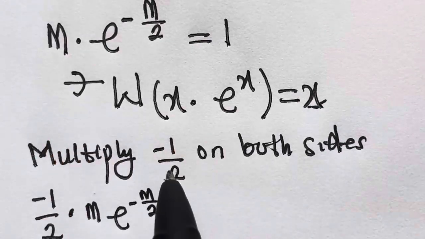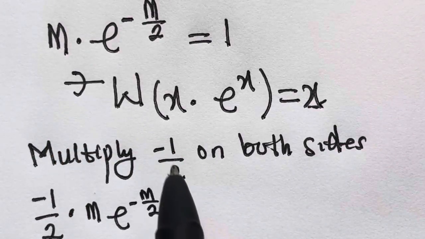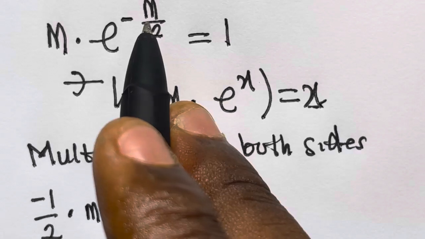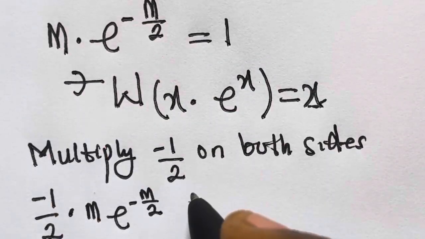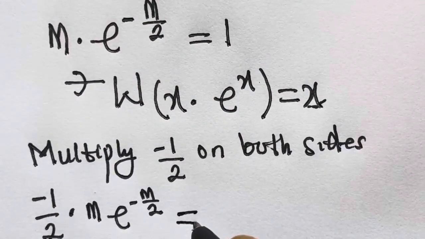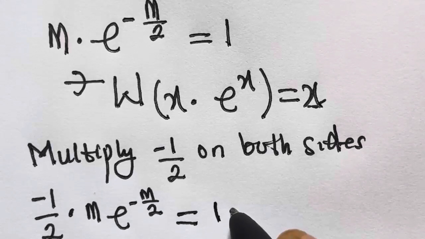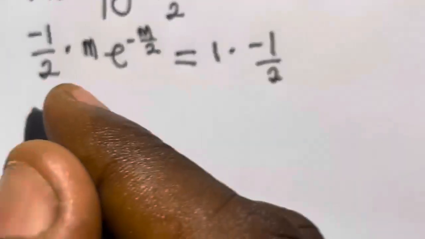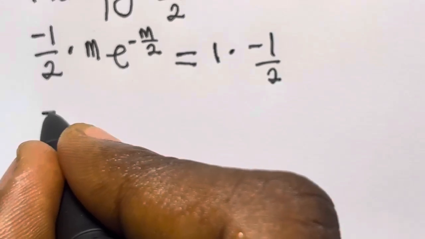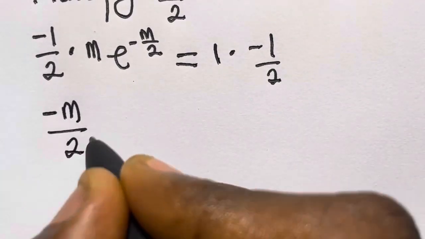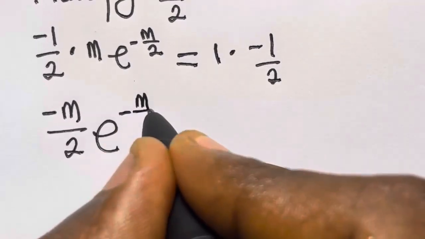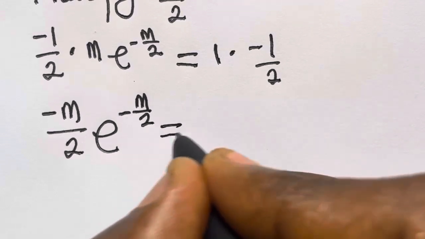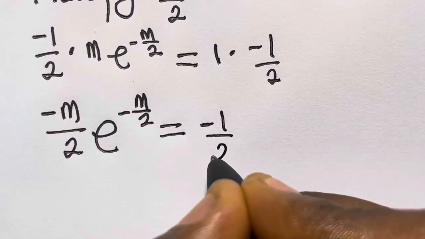The reason why we multiply with minus 1 over 2 is we want to make sure that what is here and what is here, they are the same. So we're going to have this equals 1 times minus 1 divided by 2. So if you multiply this, we are going to have minus m divided by 2 exponential minus m divided by 2. You can see now equals minus 1 divided by 2.